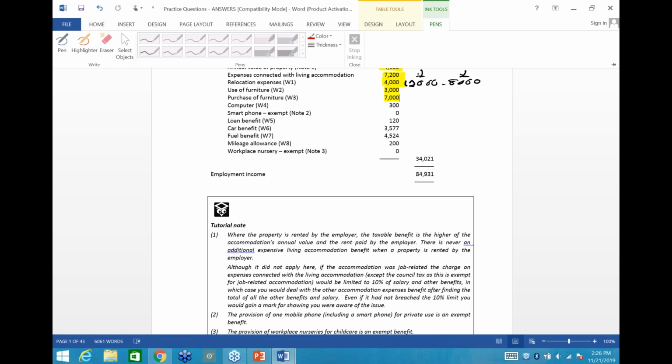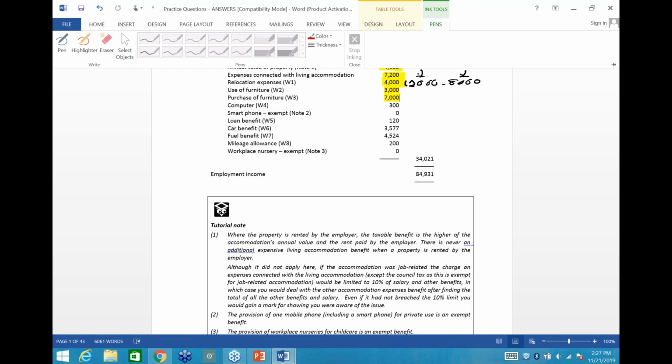However, for the laptop computer that I am given, it's a gift. It is given for my private use. So that was given on the 6th of April 2018. This is what we call again use of asset benefit. How do you calculate the use of asset benefit? Cost of providing the asset into 20% if I have used the benefit throughout the tax year.